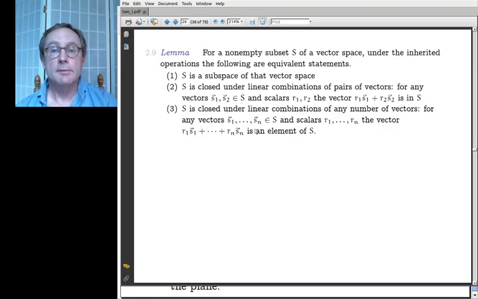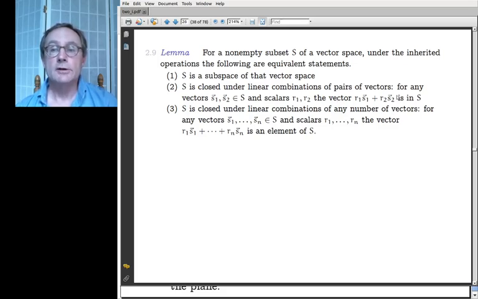All three of these statements say the same thing. They're equivalent statements. So 1 is the same thing as 2, 1 if and only if 2. 1 is the same thing as 3, 1 if and only if 3. 2 is the same thing as 3, 2 if and only if 3. We will often find 2 to be the most convenient, not the only one we'll ever use, but we'll often find it to be the most convenient way to state what's happening. And you notice that this lemma really captures what I've been trying to emphasize for some time, that vector spaces are about linear combinations of the members.